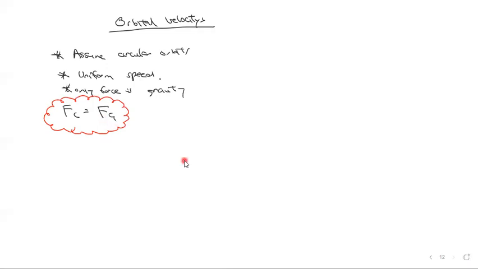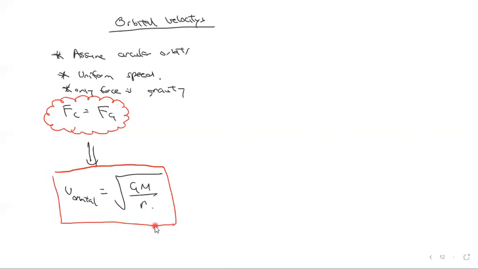And solving for that, you'll get orbital velocity equals square root of GM over r. So I'm focusing here on the how to do it, but I'm leaving it for you to do the work yourself, so that we have more time to go through actual questions.